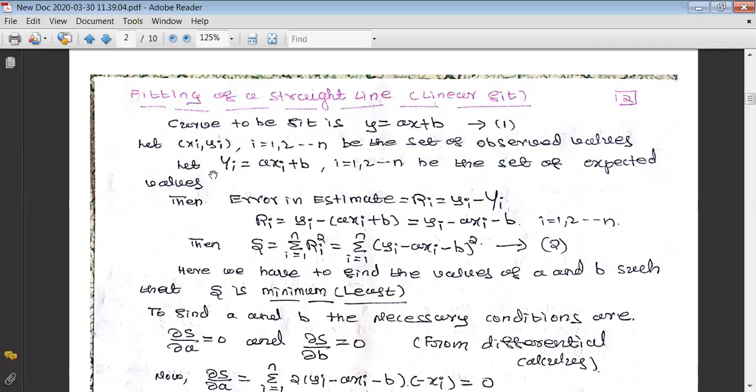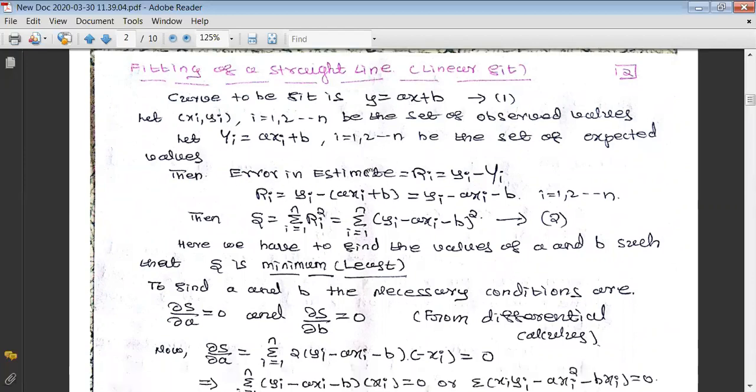That's why we denote capital Yi as axi plus b, where i varies from 1 to n, as the set of expected values. Then the error in the estimate is given by capital Ri equal to small yi minus capital Yi, that is, capital Ri equal to small yi minus axi minus b, where i varies from 1 to n.